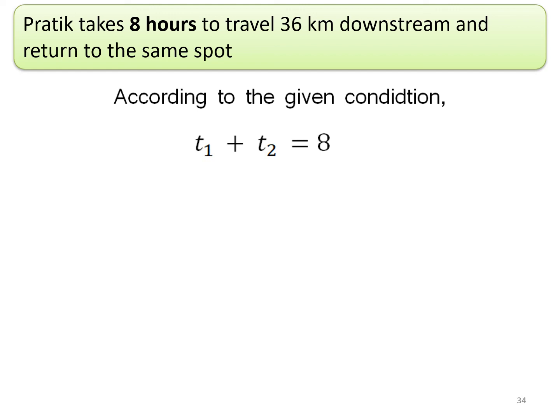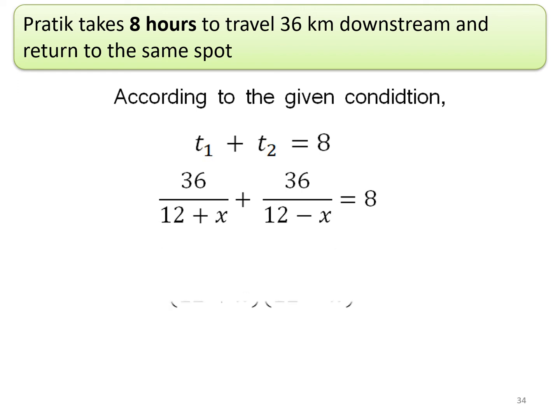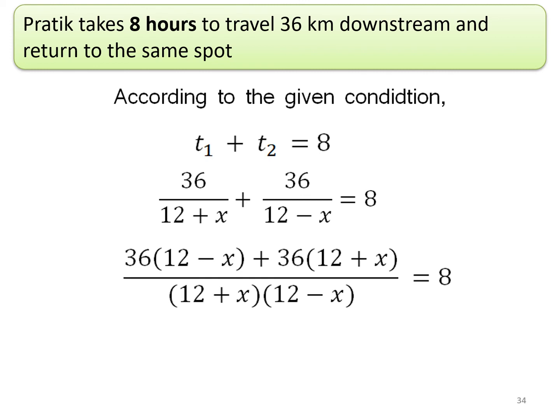Substituting T1 and T2, 36 upon 12 plus x plus 36 upon 12 minus x is equal to 8. Cross multiplying, I get 36 into 12 minus x plus 36 into 12 plus x upon 12 plus x into 12 minus x is equal to 8.